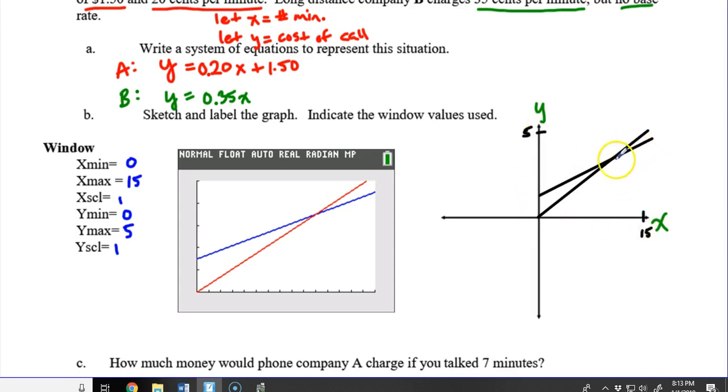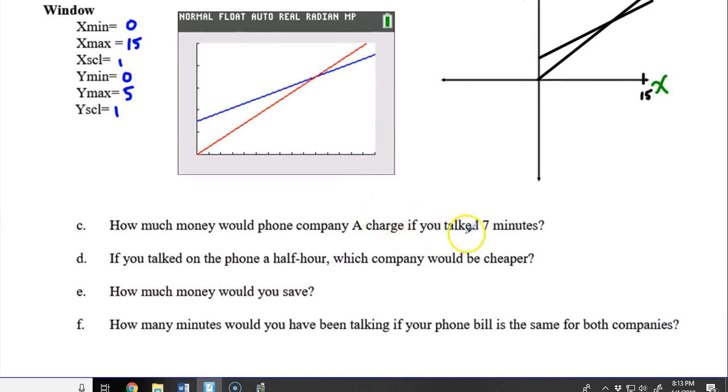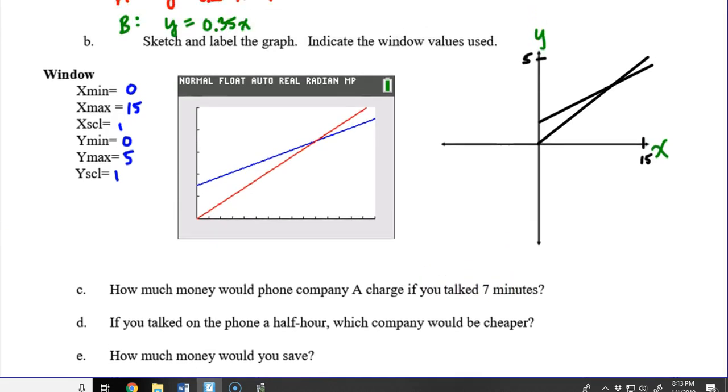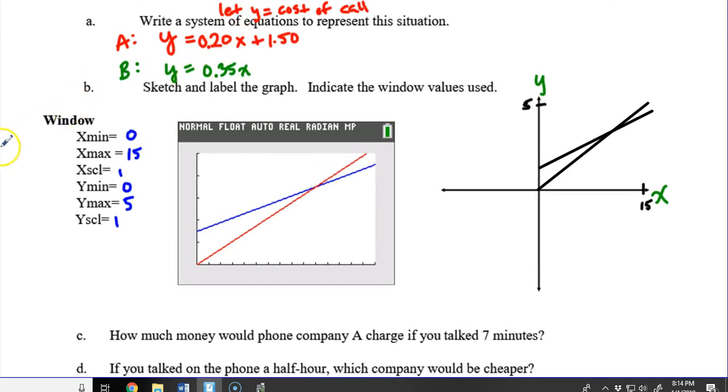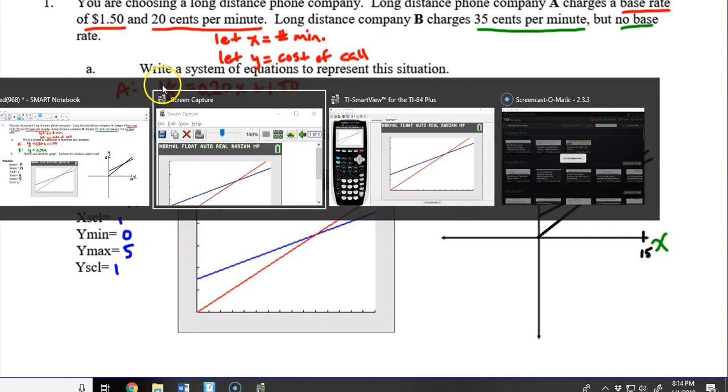Okay. So, next question. How much money would company A charge if you talk 7 minutes? Well, let's think about what that means. Was 7 the X or the Y? Okay, so you go up and you say, okay, well, minutes was represented by the X, right? So if we go back to our calculator, and the first equation we entered was A. So let's shoot back to our calculator.